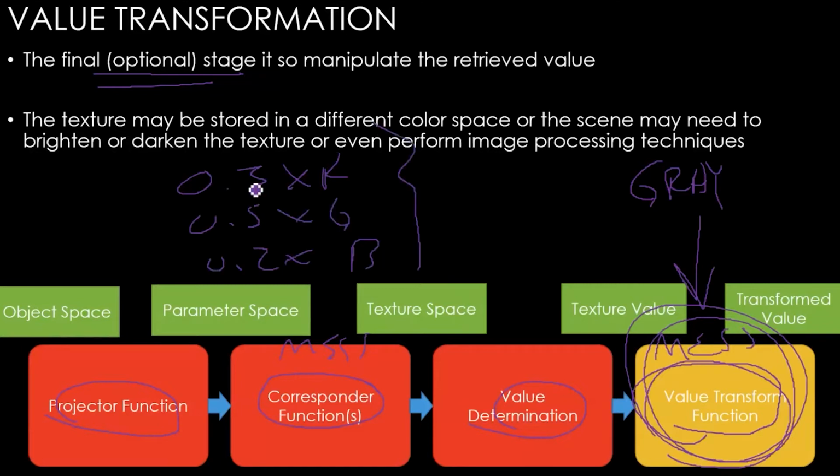Each of these constants relates to how sensitive your eye is to different colors. If you multiply all these together and then add them together, you end up, one, with a sum of 1, so that's kind of convenient. But two, you end up with a single monochromatic value that has used the RGB values to be determined based upon your sensitivity of your eye. And now you can convert a color scene into a grayscale scene. Once again, another use for your value transform function.